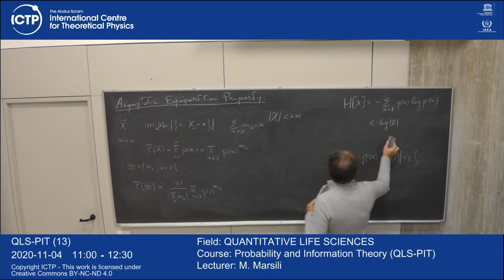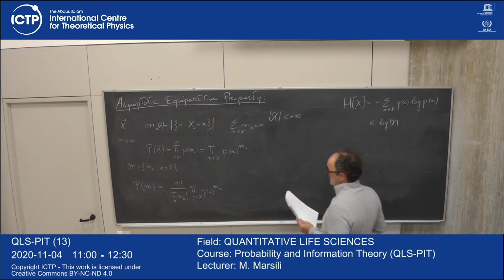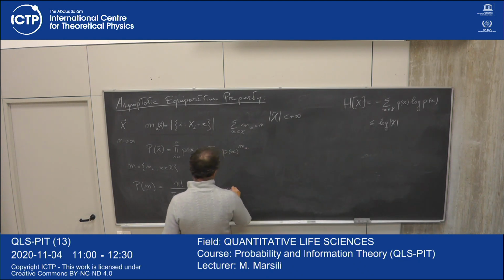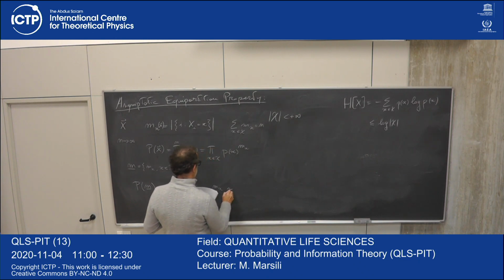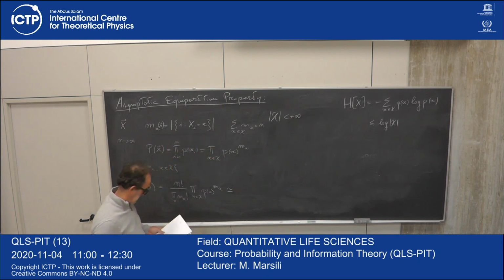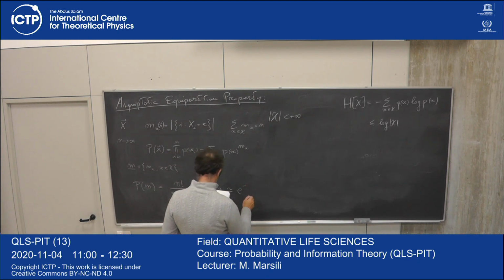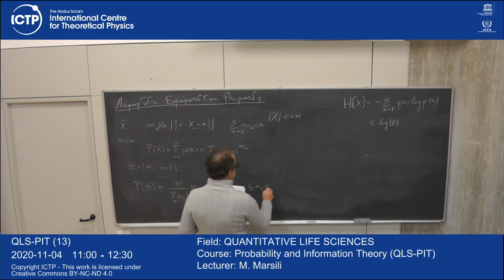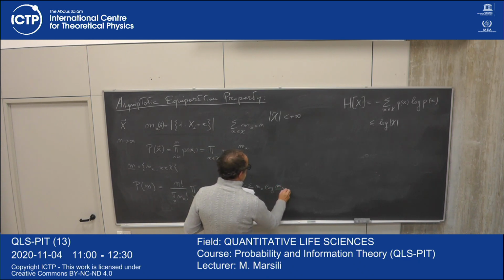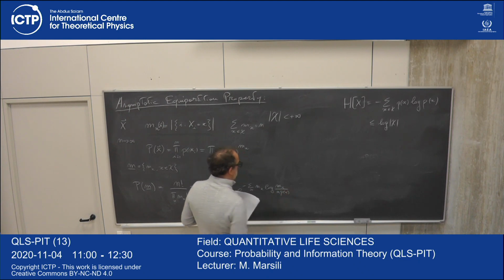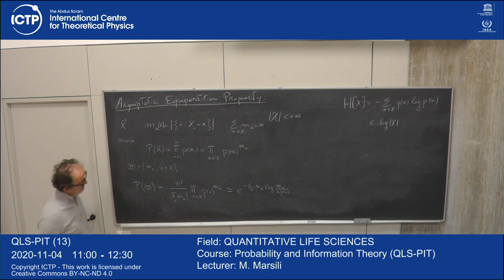And what you can see is that you can approximate this by the exponential of minus the sum over x of m of x times log of m of x divided by n times p of x. Okay?